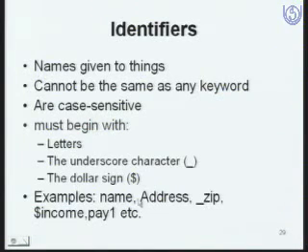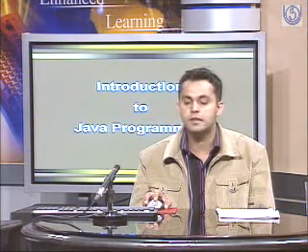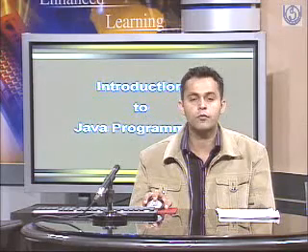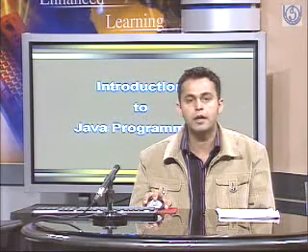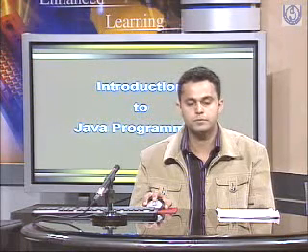For example, name is an identifier, address is an identifier, _zip is an identifier, $income is an identifier, pay1 is also an identifier, etc. But you cannot write 1name or 1address. You cannot use the first character as a digit for defining your own identifiers.